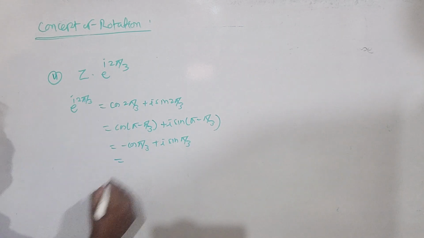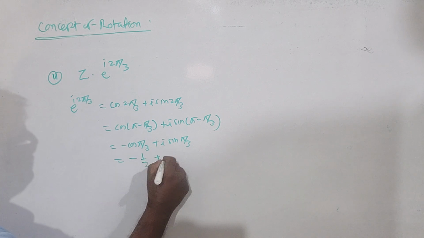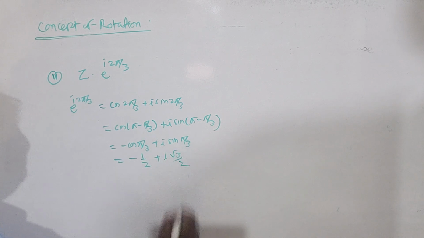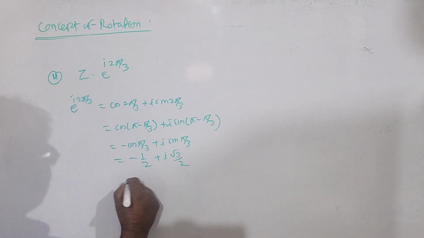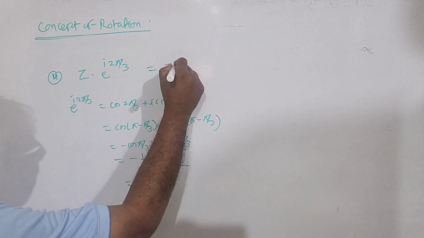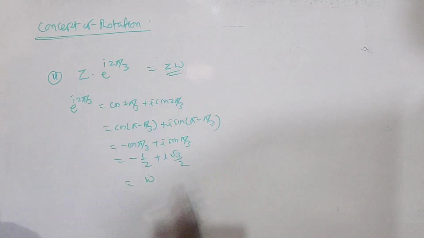Cos pi by 3 is how much? 1 by 2. Sin pi by 3 is how much? Root 3 by 2. Correct? So minus 1 by 2 plus iota root 3 by 2 is definitely omega. So therefore this is z omega. So the new position of z is z omega. Correct?